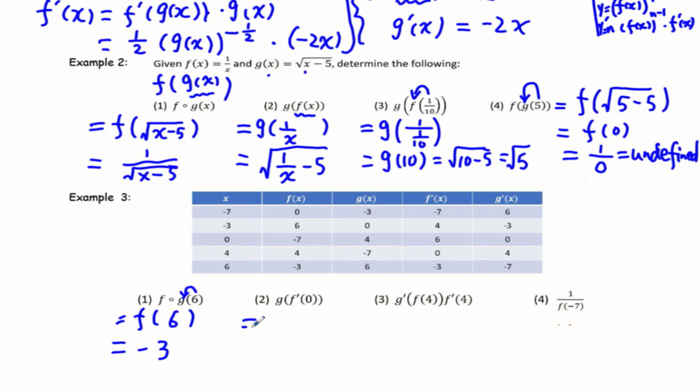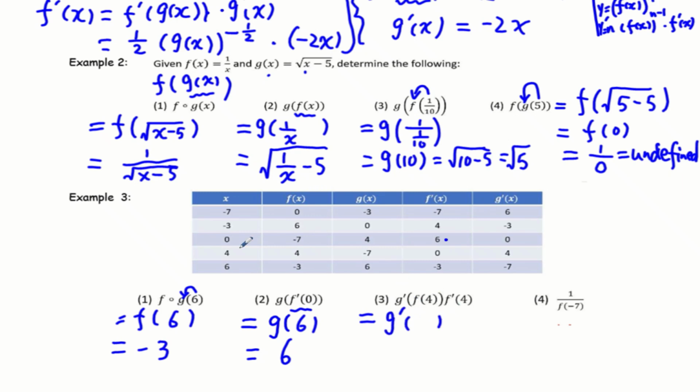So this is kind of like a chain reaction, input output. So this one, f prime of 0, 0 is the input. So f prime is here, with 0 as input, the output is 6. Then we find g of x, where the input is 6 and the output is 6. And this one, g prime of f of 4 times f prime of 4. So for g prime, the input is f of 4.